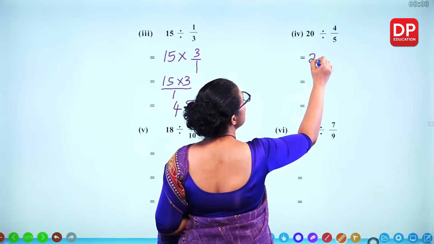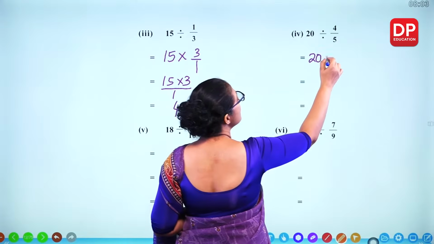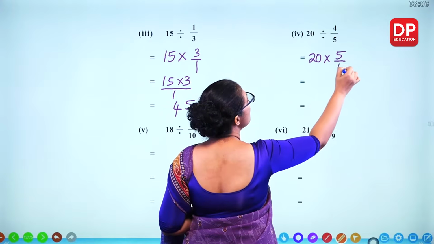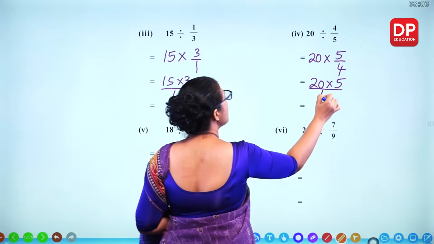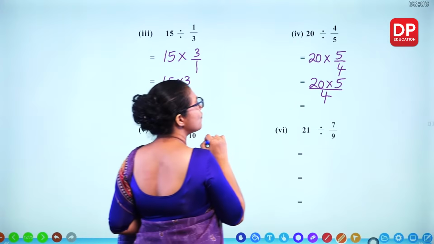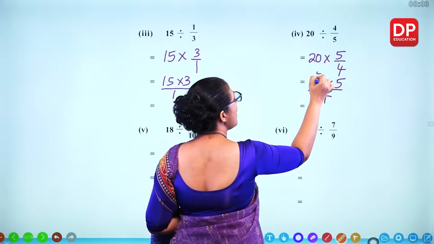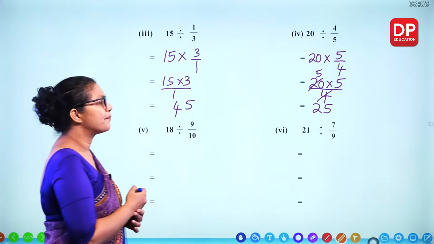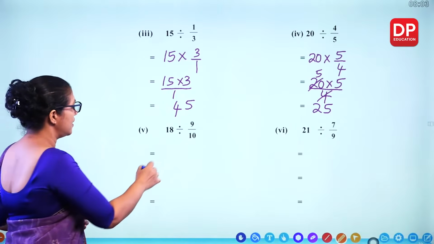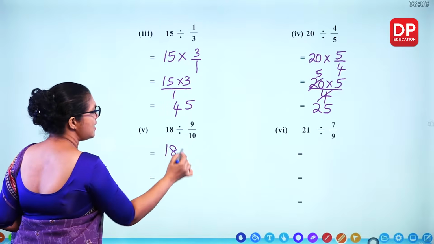20 divided by 4 over 5, you can convert to 5 over 4. Multiply the numerator separately and denominator separately. 4 times 5, 20. 5 times 5, 25. Again, this one, 18.